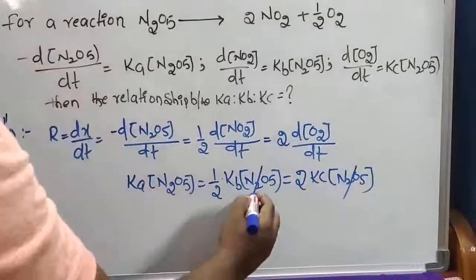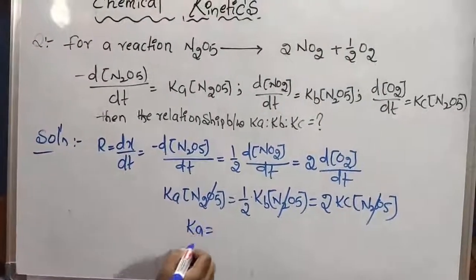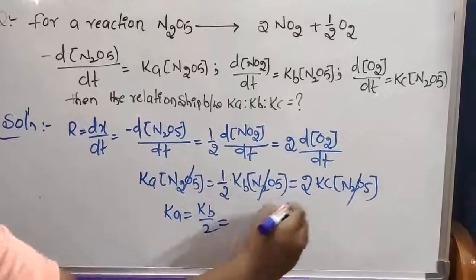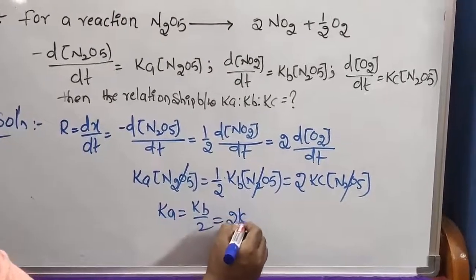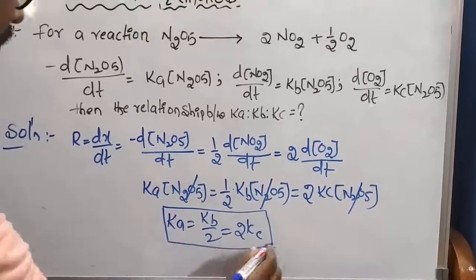So N2O5 and N2O5 get cancelled: Ka equals Kb by 2 equals 2 Kc. Here is the relation between Ka, Kb and Kc.